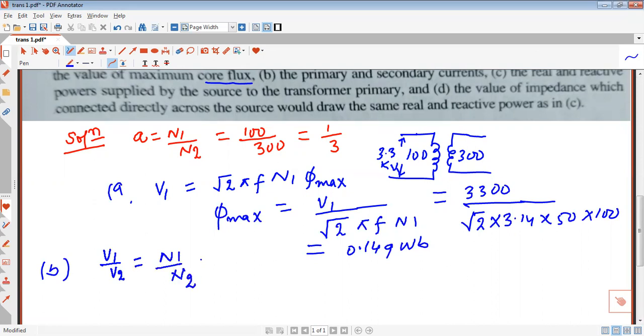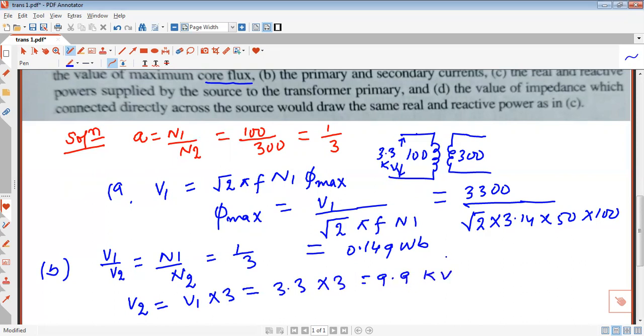N1 by N2 is given as 1 by 3, and V1 is 3.3 kilovolt. So V2 can be calculated: V2 will be equal to V1 multiplied by 3, that is 3.3 multiplied by 3, so it will be 9.9 kilovolt.